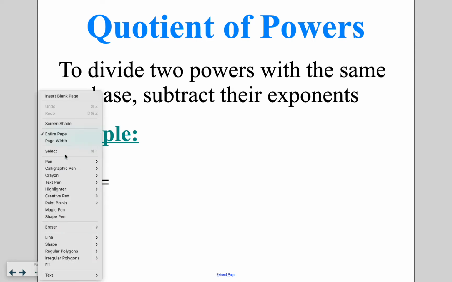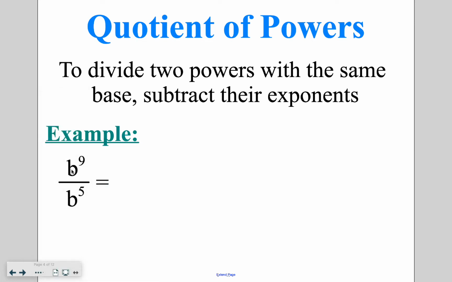The reason we are able to do this is because if we have our top, which is 9 b's being multiplied, 1, 2, 3, 4, 5, 6, 7, 8, 9 b's being multiplied, and we divide it, in this case, by 5 b's being multiplied together.